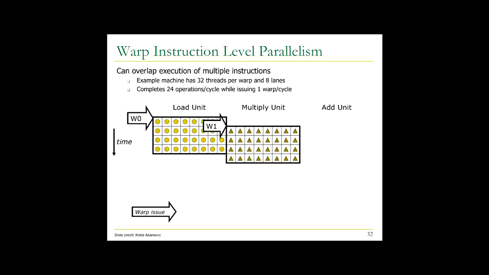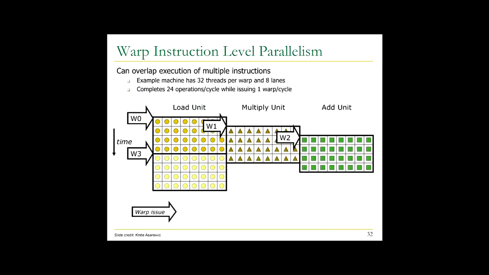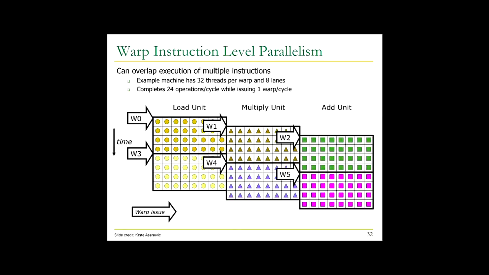And in the next 4 cycles, we're going to send the 32 threads from this warp. In the next cycle, you fetch from a different warp, and a different warp, and a different warp. So if you overlay this picture with the SIMD machine, you'll get exactly the same thing. Except these are called warps over here now instead of vector load, vector multiply, vector add.